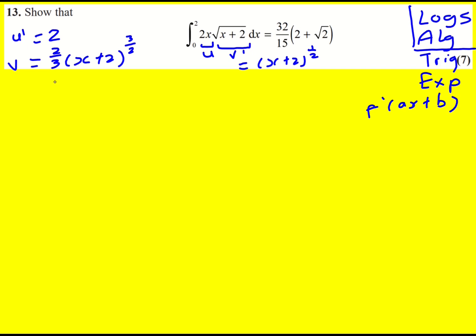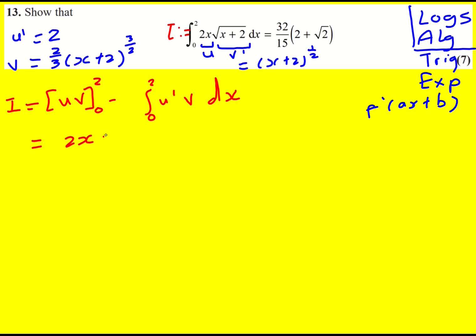So the integral, which I'm going to define as I, is going to be, this is in the formula book, uv minus the integral of u dash v dx. In our case, we've also got the limits between 0 and 2. So u is 2x, v is 2/3 times x plus 2 to the 3 over 2.